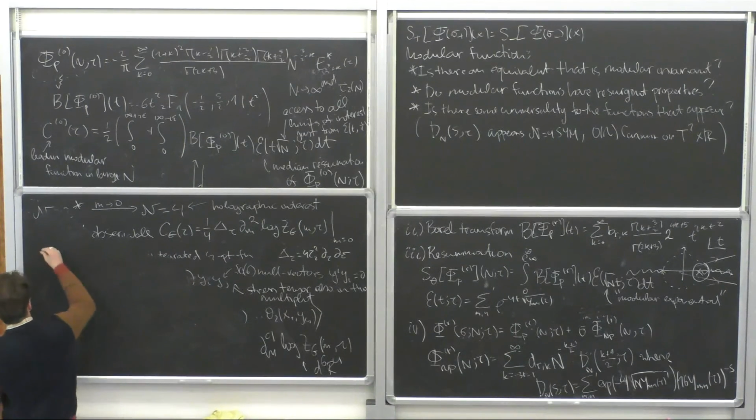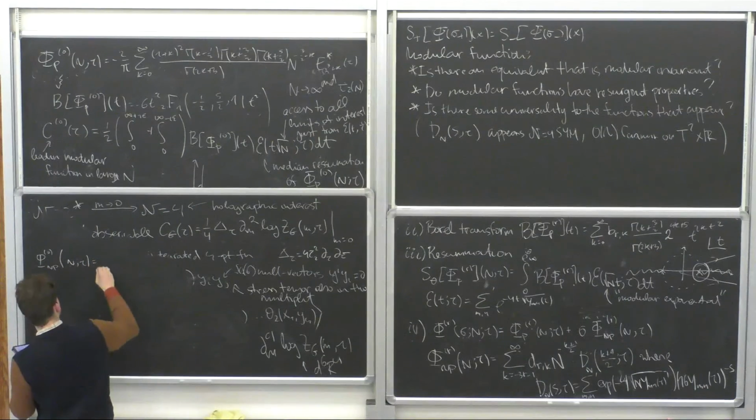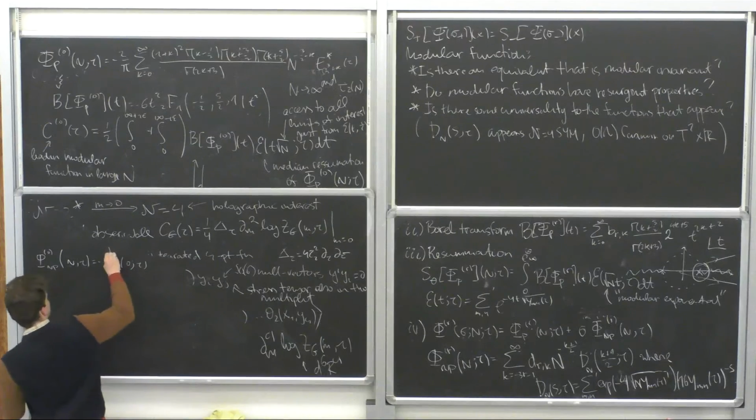So you see that phi 0, non-perturbative of n and tau, starts with minus 2 d_n 0 and tau, which comes from the pole part.